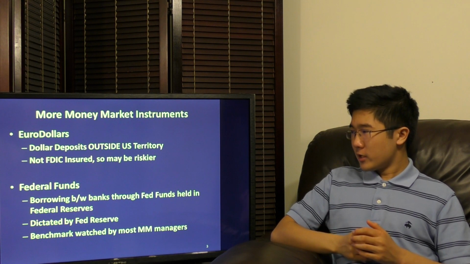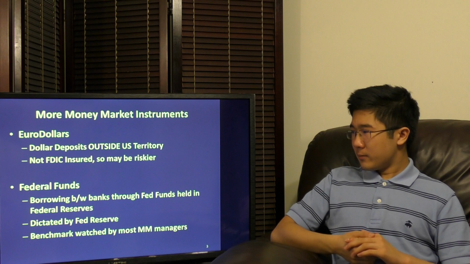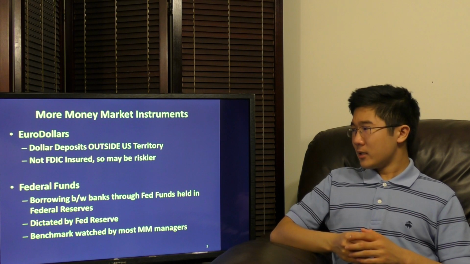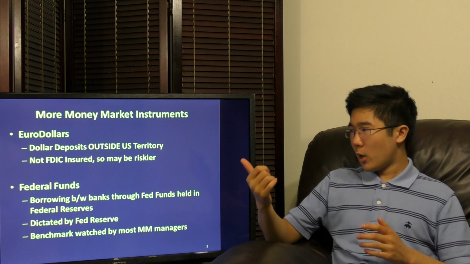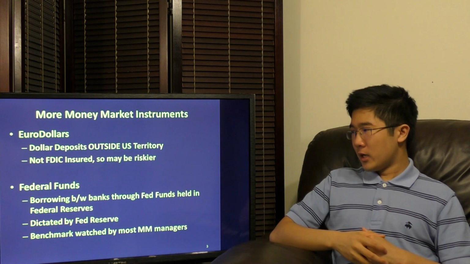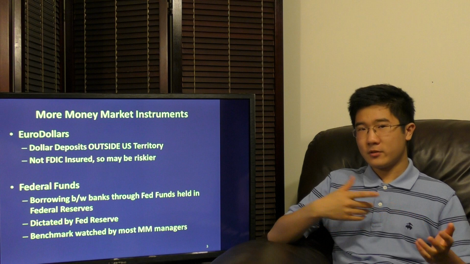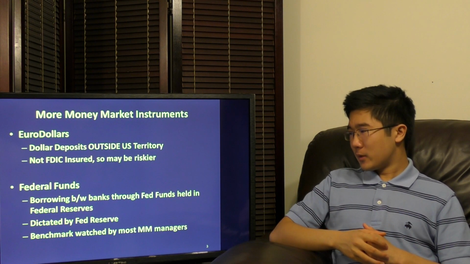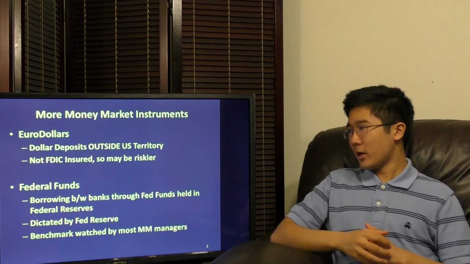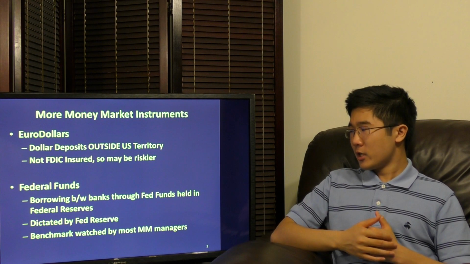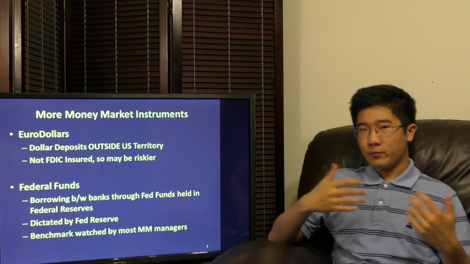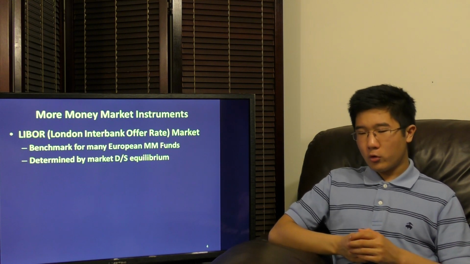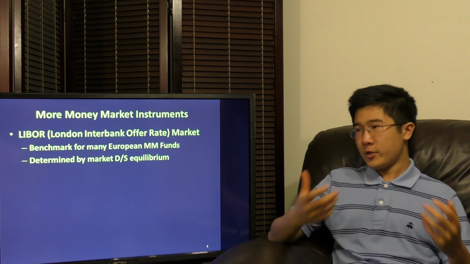Federal funds are basically dictated by the Federal Reserve, artificially dictated, and it's basically the rate of borrowing between banks through federal funds held in Federal Reserves, such as to fill up the bank reserves or other purposes. And so this benchmark is watched by many money market managers due to federal funds' impact on the rest of the market for loans and just the money market in general. And of course, the federal funds rate is within the United States.